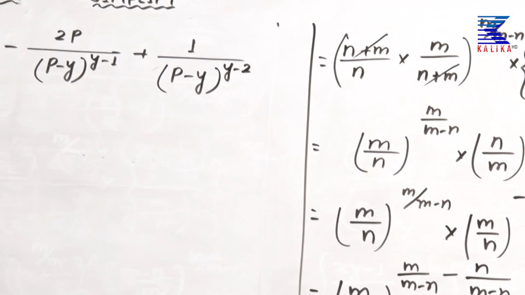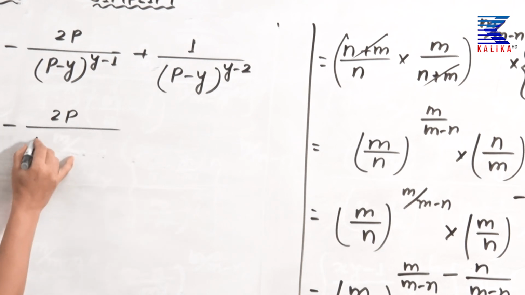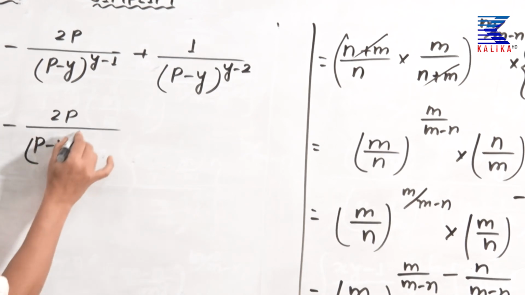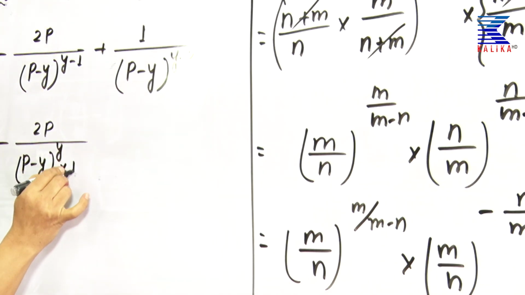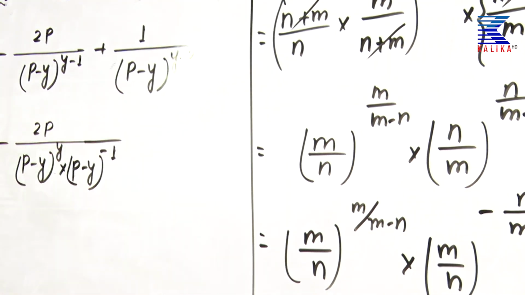Okay. p square by (p minus y) to the power y minus 2p upon (p minus y) to the power y, into (p minus y) to the power minus 1. Any confusion here?